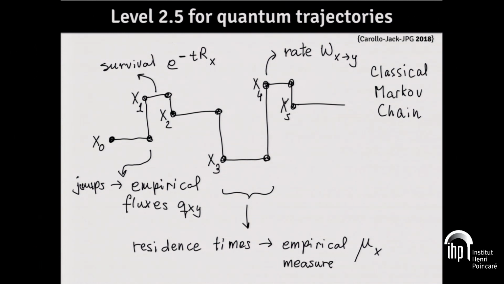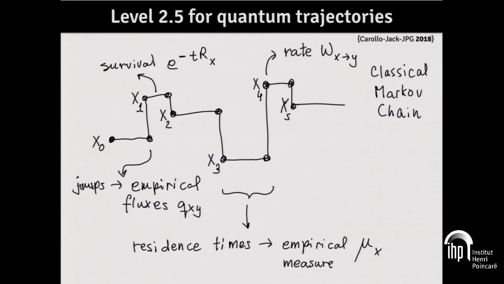I'm calling that mu of x. That's the probability of being in state x, and I get it from a long trajectory from the residence times. If you give me a very long trajectory, I can just do the histogram of the residence times, and I get this empirical measure. Eventually, this empirical measure is a fluctuating quantity that will converge to the stationary state measure, but it has fluctuations. So it's a trajectory observable. It's a whole vector that fluctuates.